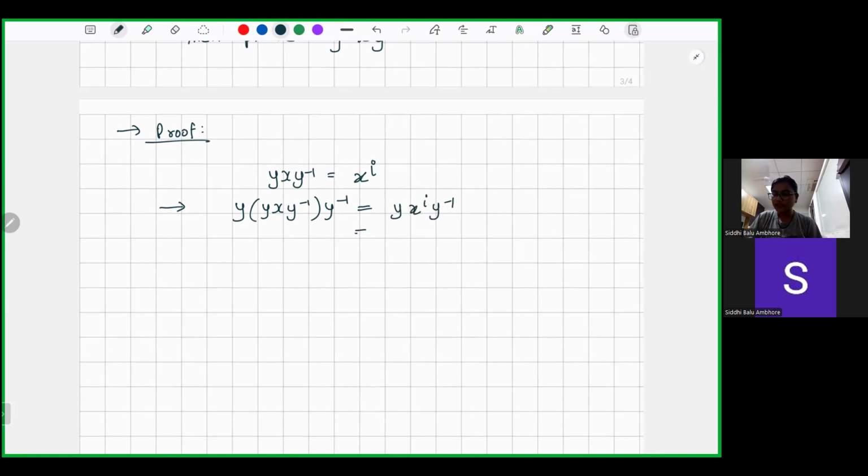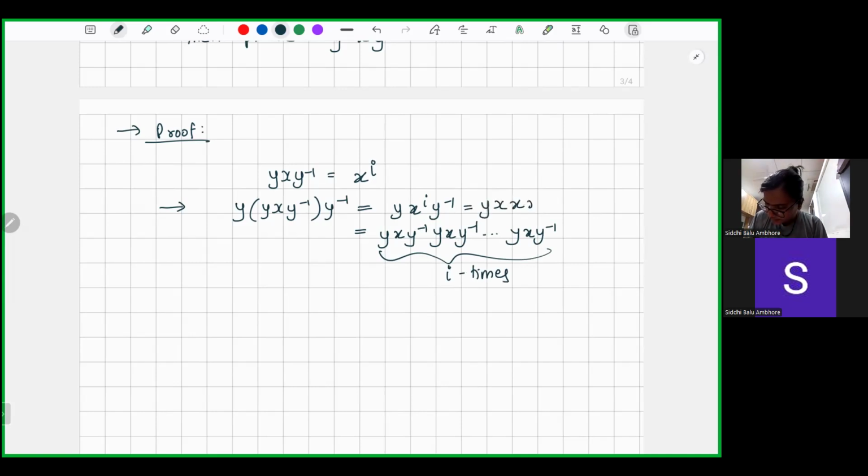And this I can write as y x y inverse, y x y inverse, and so on up to y x y inverse, i times.